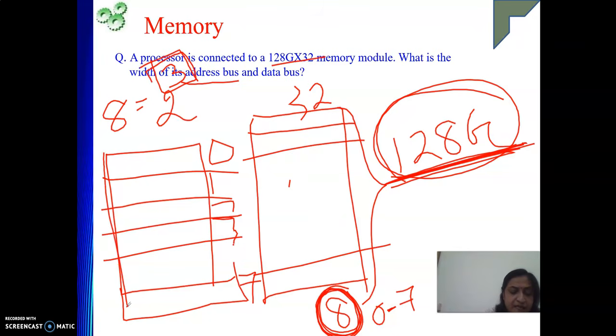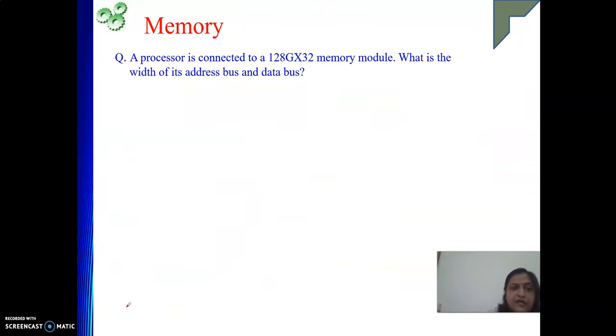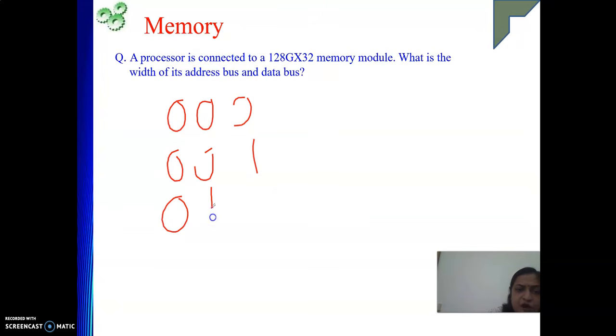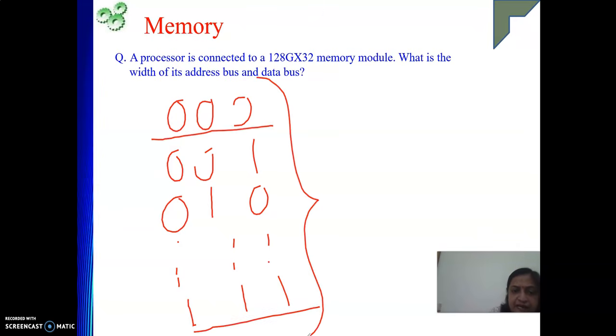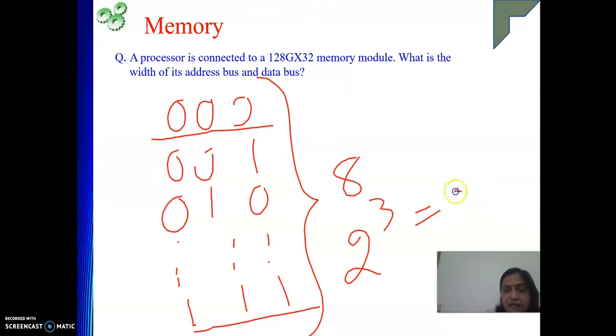Okay? Once again, I will discuss. See here, in binary, using 3 bits, we can represent total how many combinations? 8 combinations, going on till all 1s. That means using 3 bits, I can have total 8 addresses. How did I get it? 2 to the power 3 equal to 8.